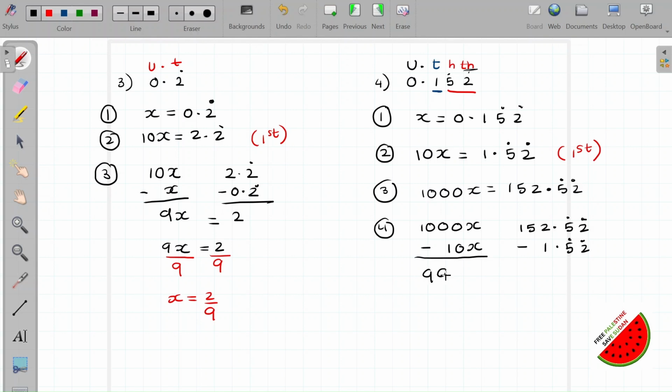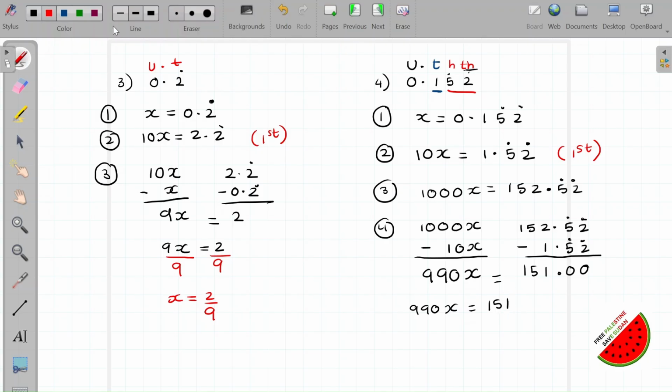You get 990x. And this will all become 0. 2 take away 1 is 1. So you've got 990x equals 151. Write it down as an equation here.